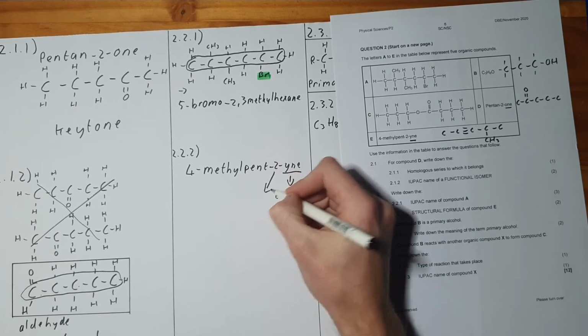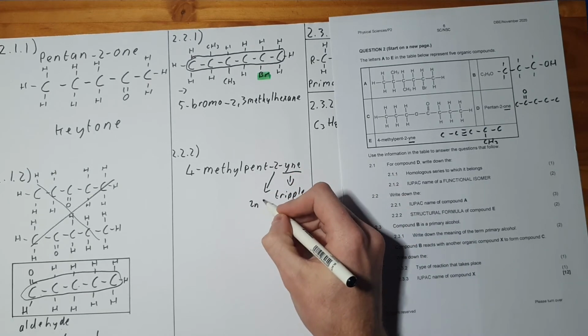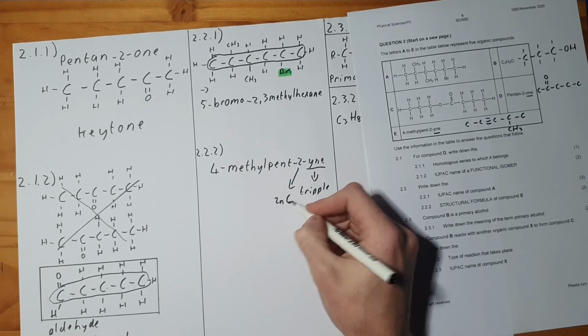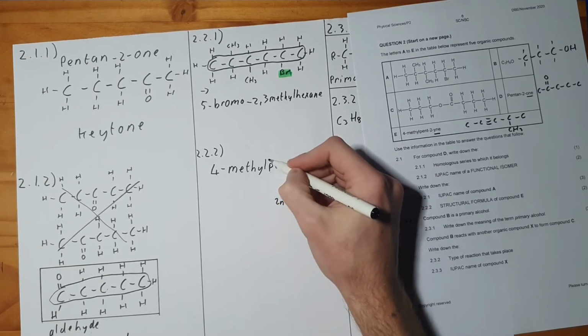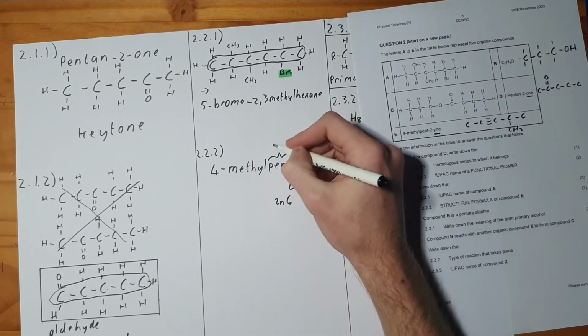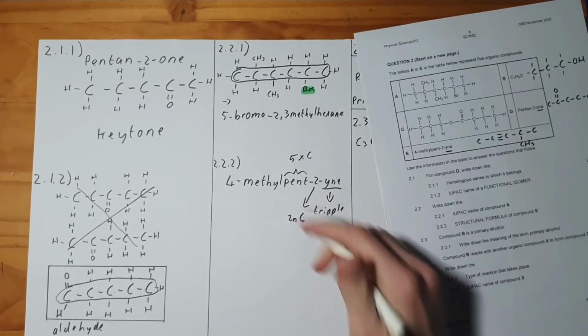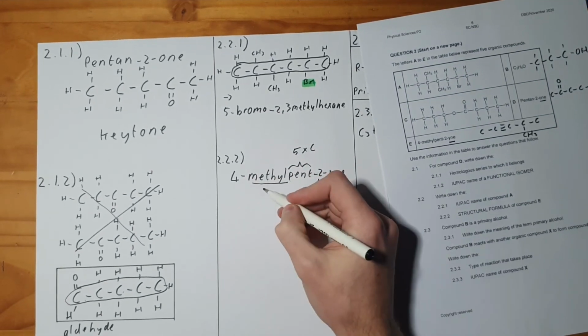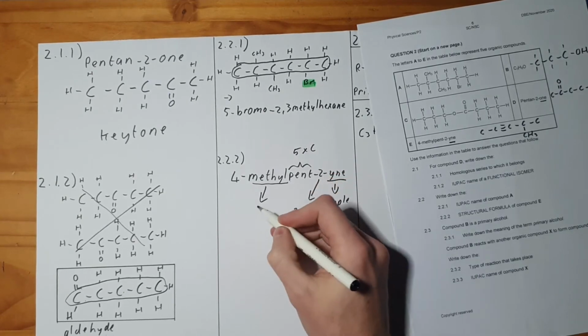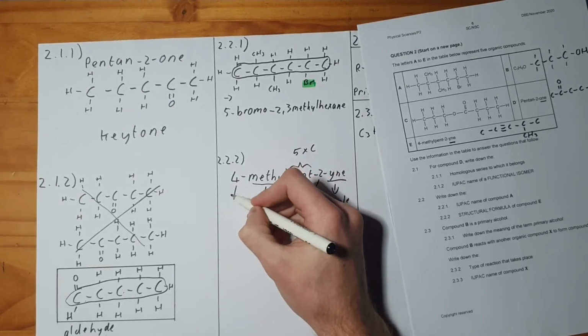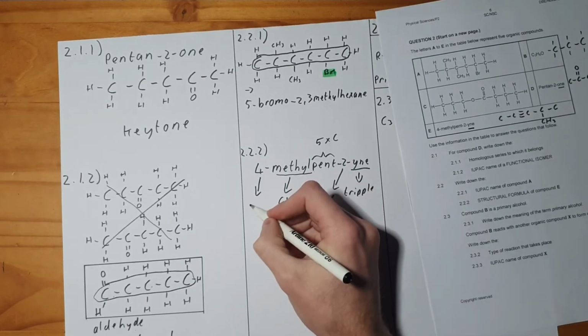The 2 indicates it's after the 2nd carbon. Then pent over here means there's 5 carbons. Methyl indicates there's a methyl side chain, so CH3, and the 4 indicates that it sits on the 4th carbon.